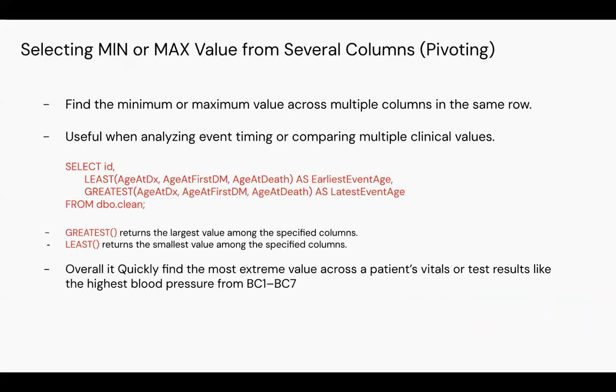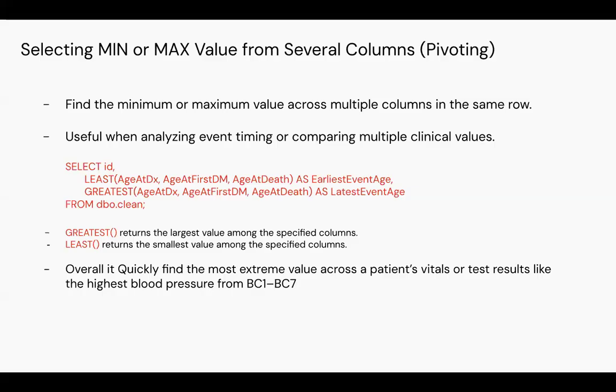The second strategy I would like to use is selecting min or max values by using pivoting. This allows me to find the minimum or maximum values across multiple columns in the same row, and it is very useful when I'm analyzing event timing or comparing multiple clinical values.